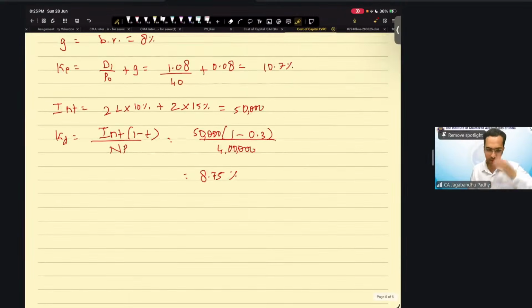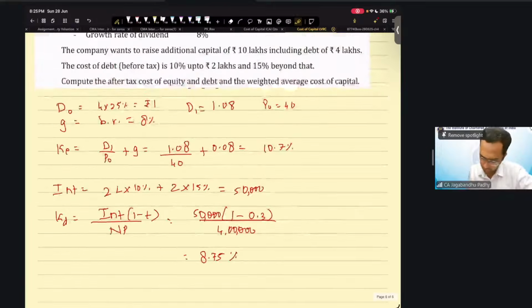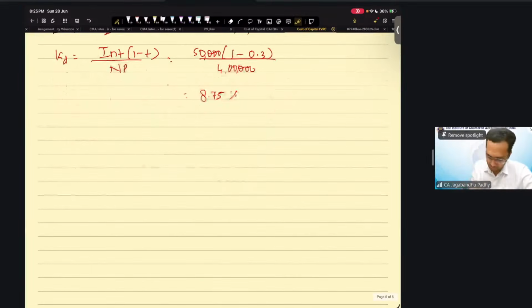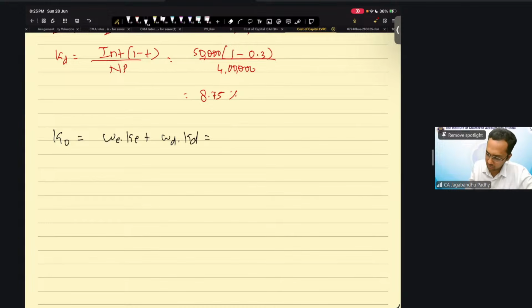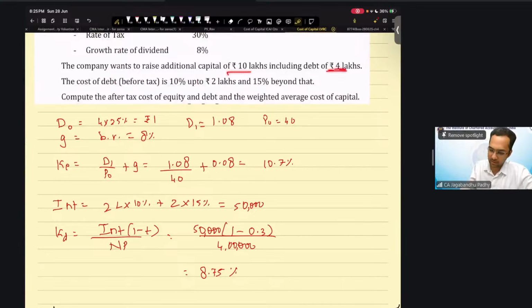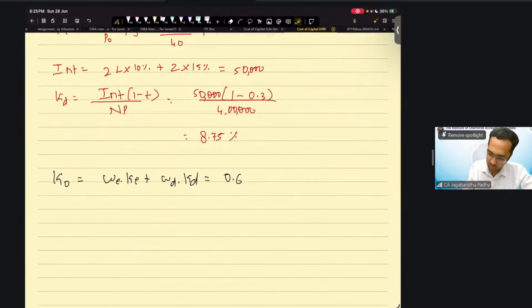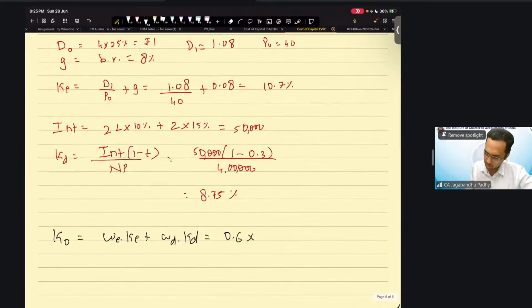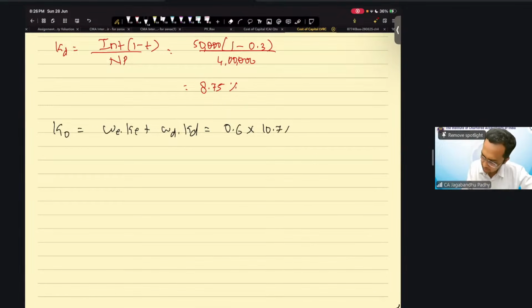Okay, so we have the cost of debt, we have the cost of equity, and then finally the weighted average cost. So weighted average cost Ko will be weight of equity into cost of equity plus weight of debt into cost of debt. Weight of equity is 0.6 because out of 10 lakh, 4 lakh is debt. So of course the rest 6 lakh is your equity. So 0.6 into cost of equity 10.7% plus 0.4 into 8.75%.